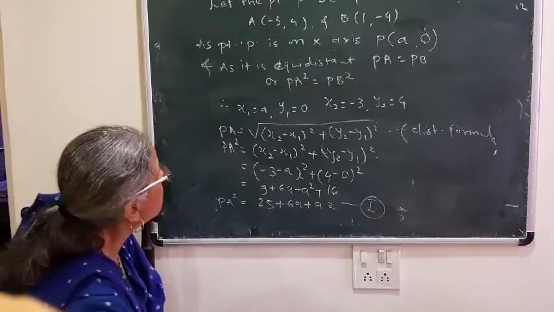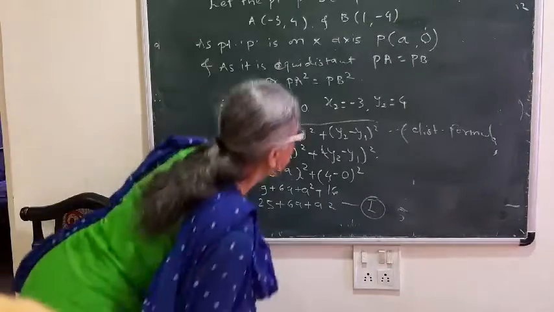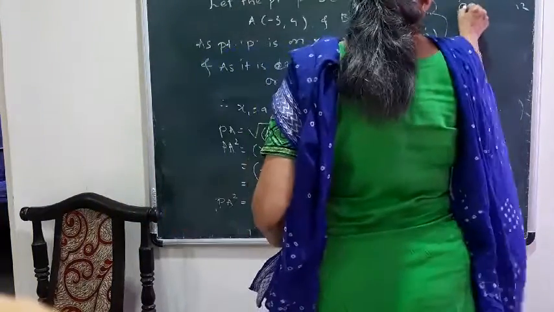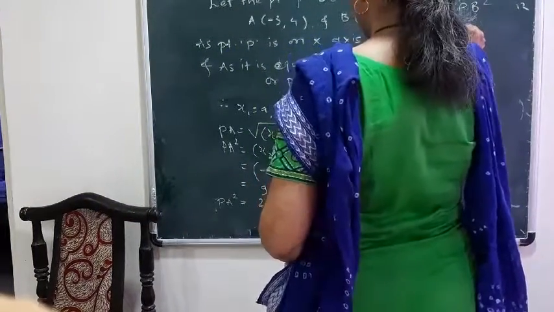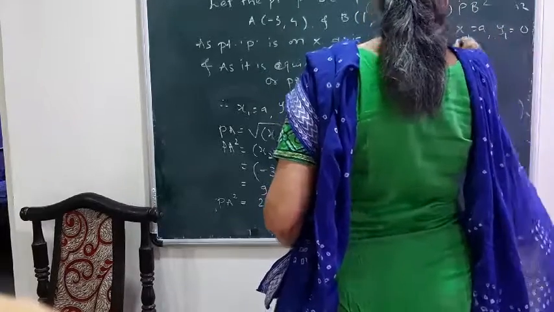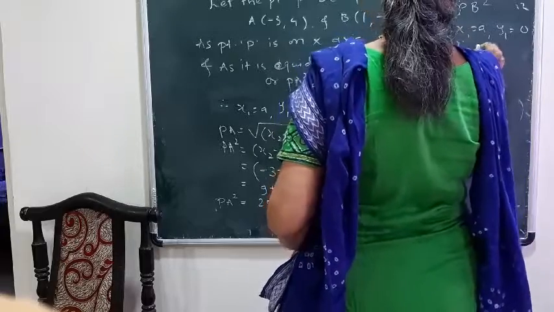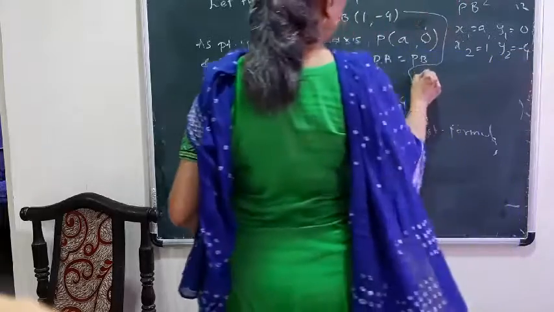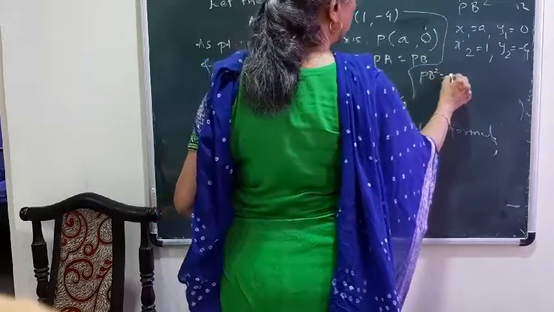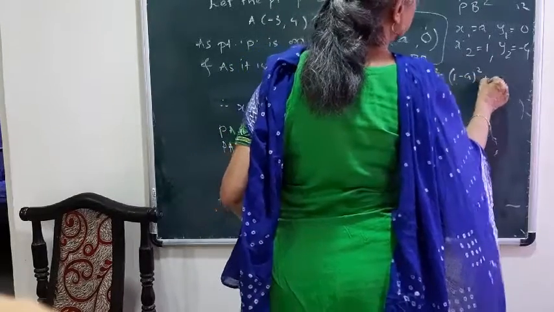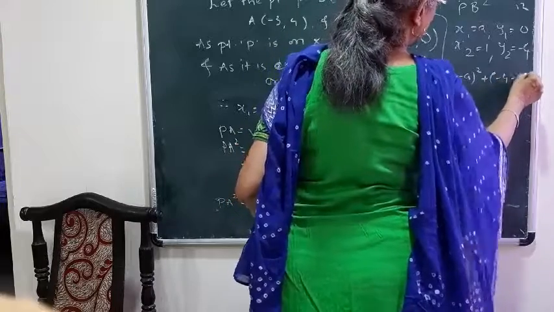Now for finding PB square, what will be our x1 y1? x1 is a, y1 is 0, x2 will be coordinates of B, that is 1, and y2 will be minus 4. So PB square is equal to (x2 minus x1) is 1 minus a whole square plus minus 4 minus 0 whole square.